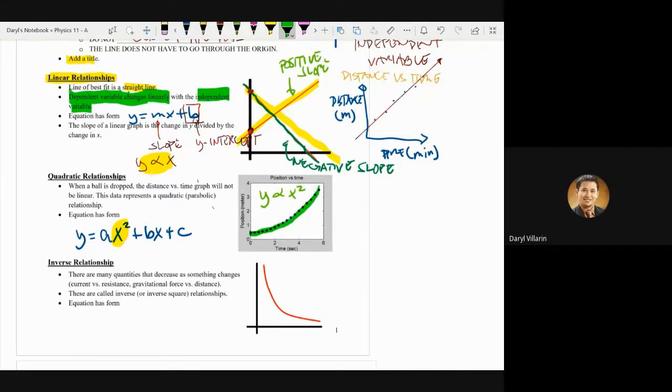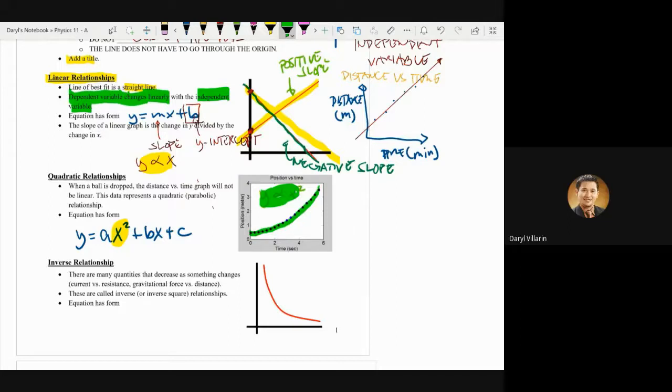In this case, y is proportional to the square of x. It's no longer y directly proportional to x, but y directly proportional to x squared. That means if I square the value of x here and plot it again, I should get a straight line.